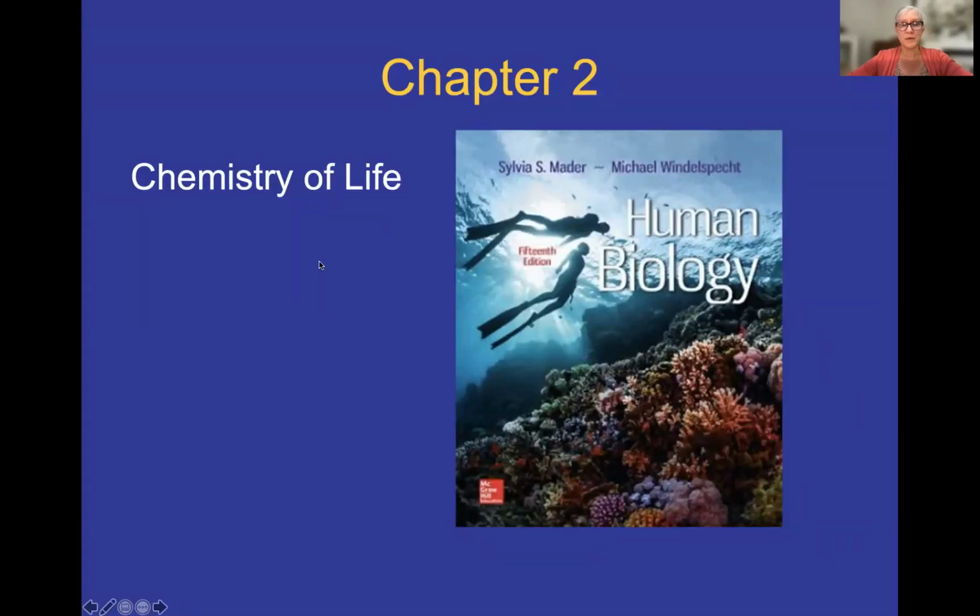Next, we'll look at some of the topics in chapter 2, some that students might be mixed up a little bit on. Chapter 2 is, of course, chemistry, and it can be challenging if you have not studied chemistry in an earlier class or recently. So just do the best you can.